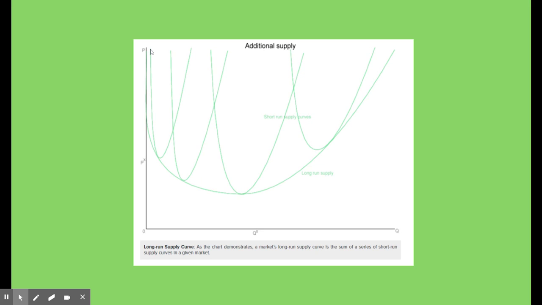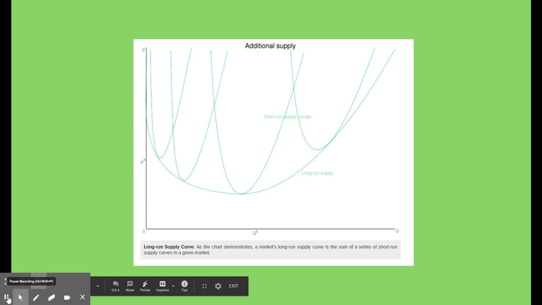And the reason why these short-run supply curves show these steep drops then rises back up is because the first items that are produced start out with a very high price. This is because it's expensive for a producer to manufacture one item, and they might charge a lot. The producer has to cover its fixed costs, such as equipment and training and all those other kinds of things when they first start out.